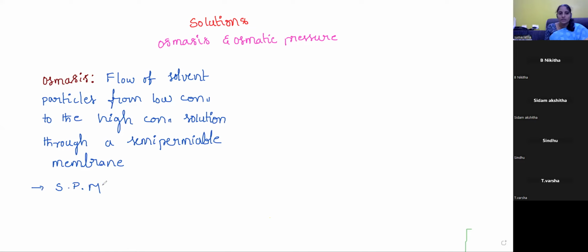SPM allows only selected particles. So you can take an example for semi-permeable membrane, that is parchment membrane.